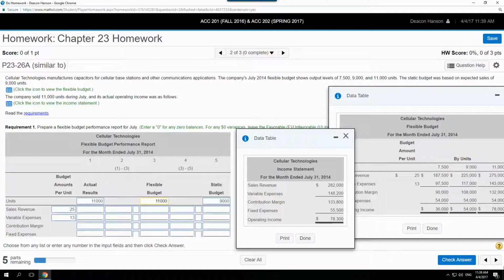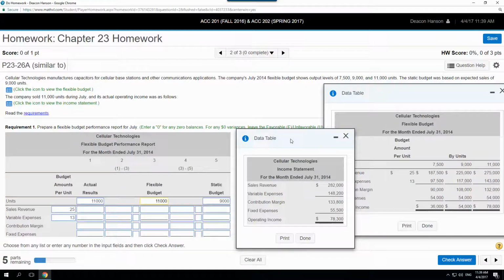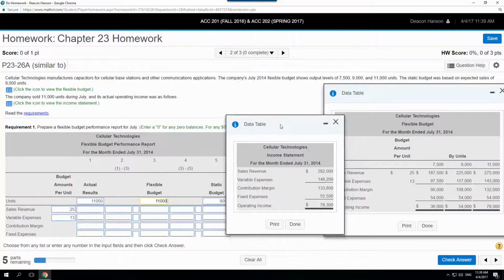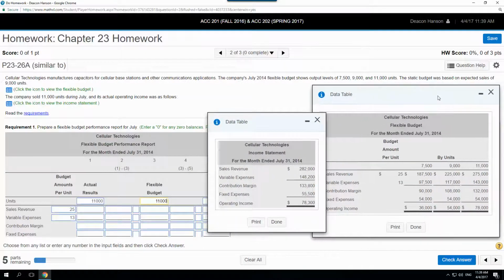But it's going to be cast out at budgeted amounts. Okay. So we're going to have to multiply. Basically, we're going to take what's in this column. Okay. That's what the flexible budget will be based on. 11,000 units, which is actual, times the budgeted amounts. So I can drop those figures in.